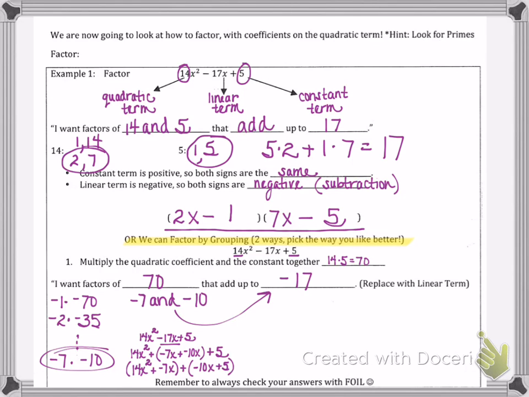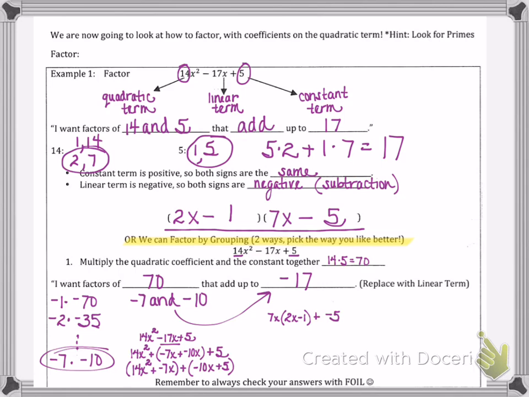And then I'm going to factor out a GCF from both of those. I'm going to do that work over to the side. So 14x squared and negative 7x have the same thing in common. They have a 7x that we can pull out as a GCF. That leaves me with 2x minus 1 in parentheses, plus the negative 10x and the 5 have a negative 5 in common.